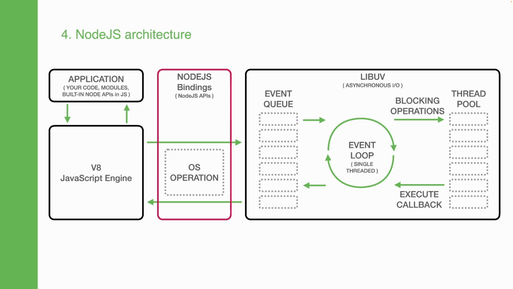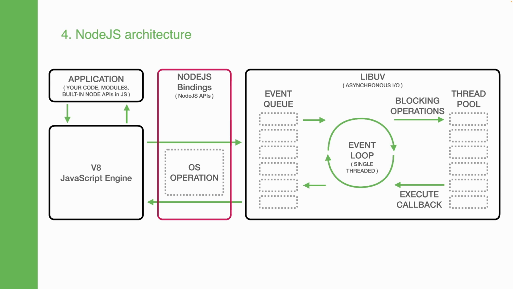Bindings are like bridges that connect your JavaScript code to the high-performance C and C++ code powering Node.js under the hood. Node uses plenty of C and C++ because it's fast and efficient, but JavaScript can't natively talk to it. Enter the bindings, which act as the translator between these languages.